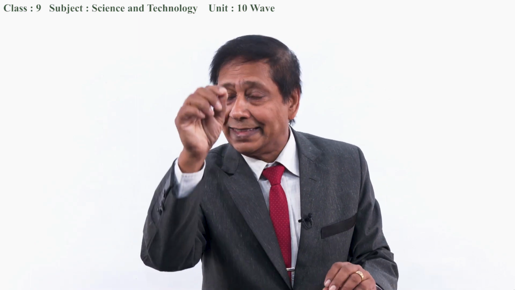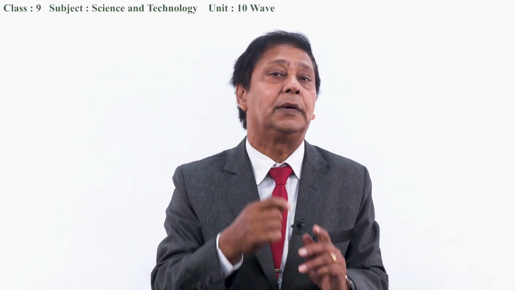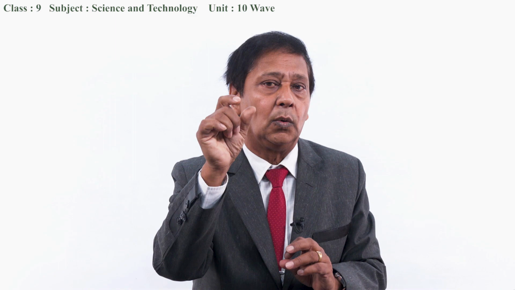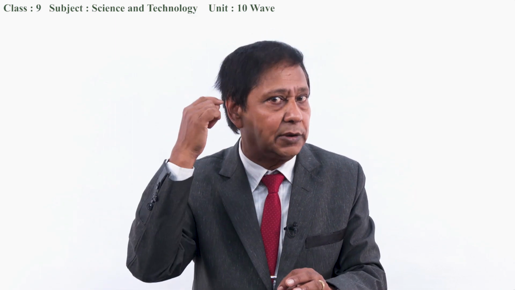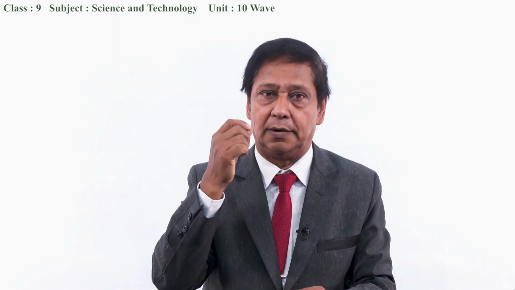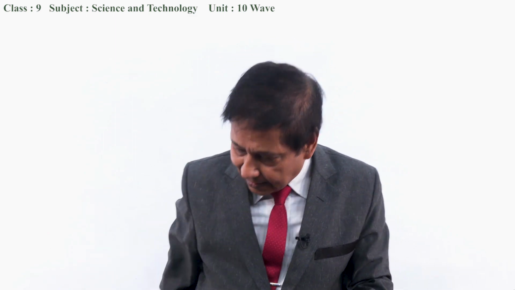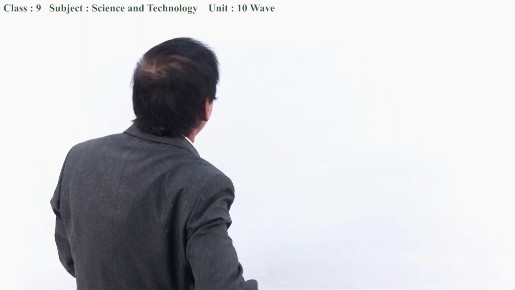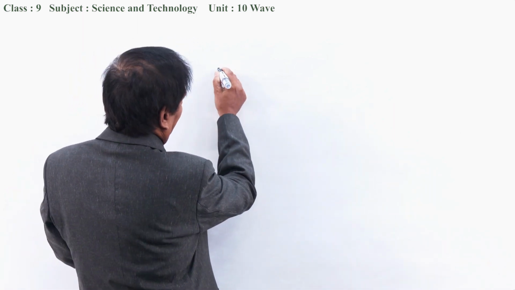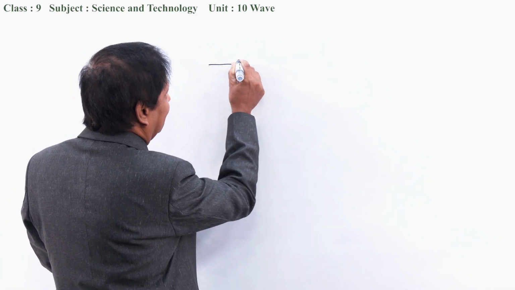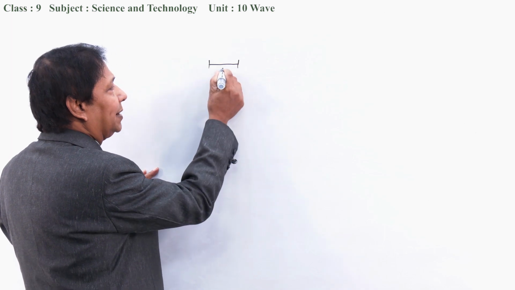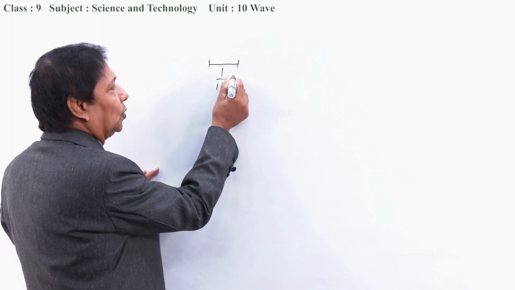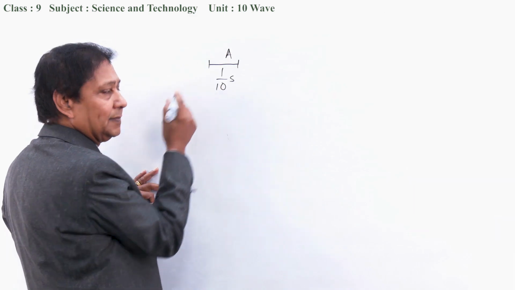When this sound enters into our ear, it remains for 1/10 second. Till 1/10 second, its effect can be heard. Let's say I say A; this is the length of time, 1/10 second, up to which it remains in my ear.